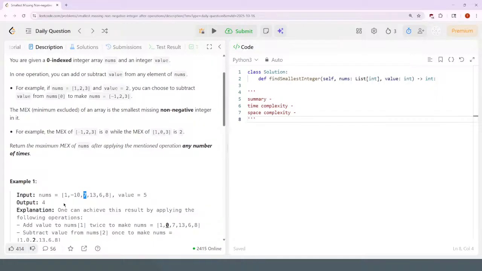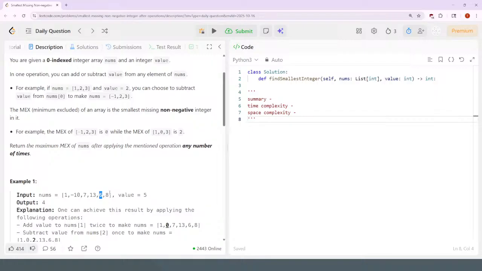If you have two numbers that are equivalent in the mod of the value, in the arithmetic of mod 5 or mod value, then they're going to be able to become the same set of values.